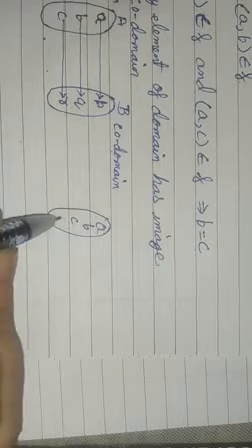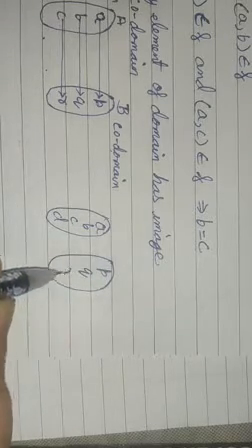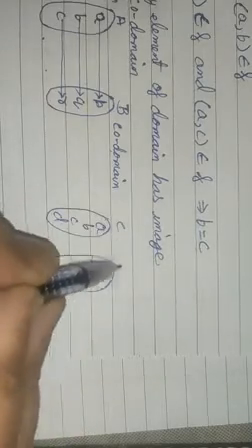Now here if I take another two sets, suppose again a, b, c, d, and here p, q, r. Suppose this is set C, it is set D. Now C is the set of domain and D is the set of codomain.